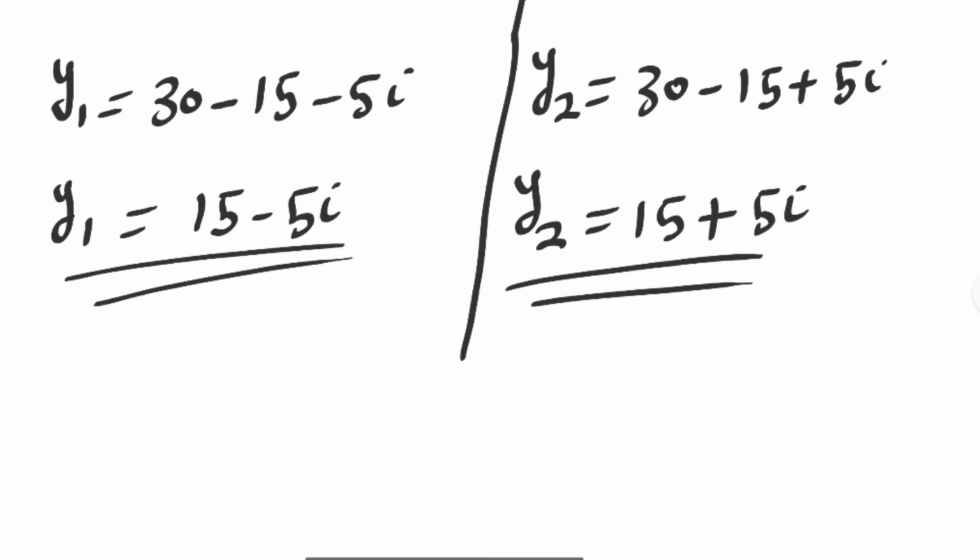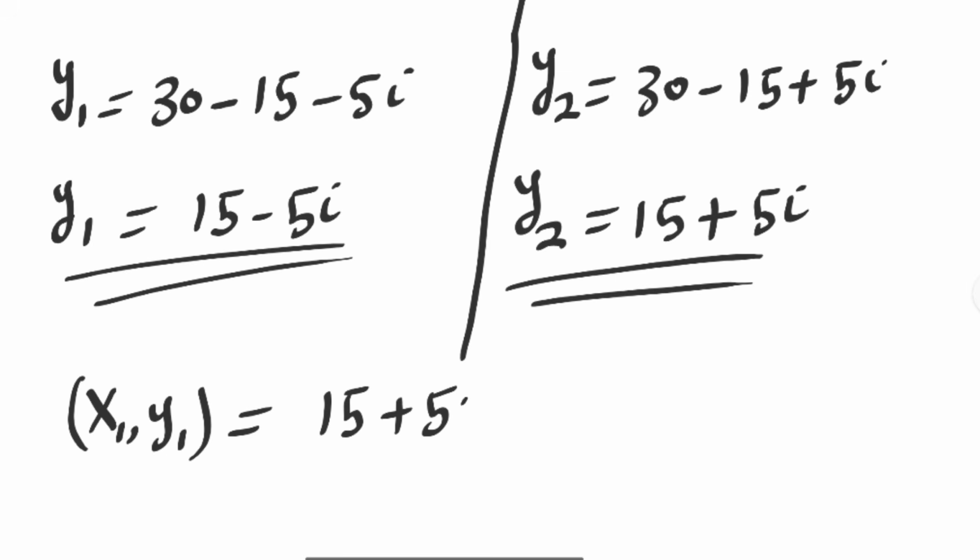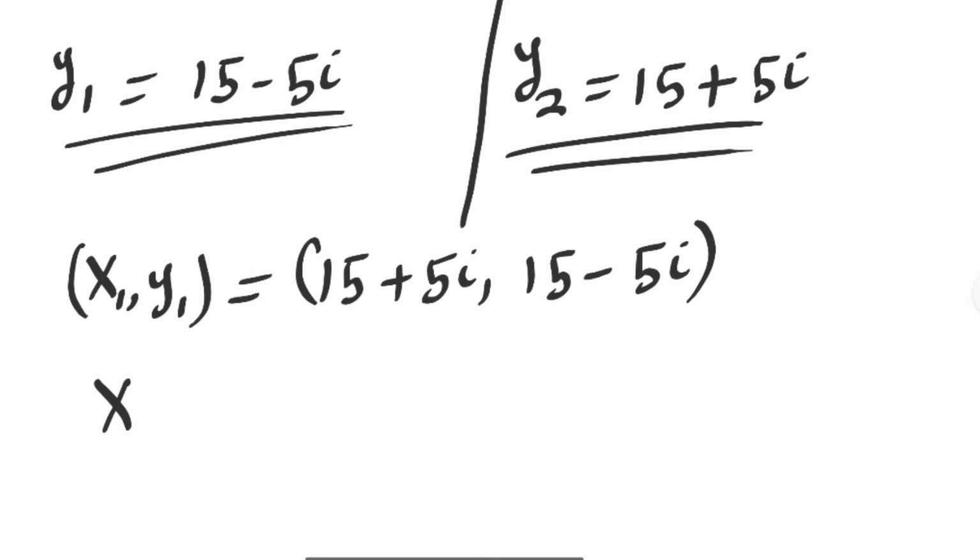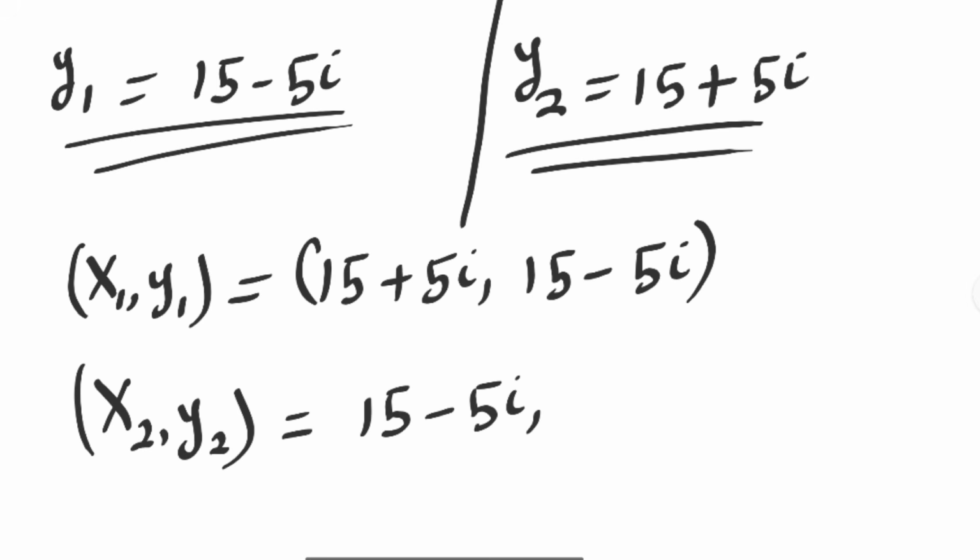Therefore, our final answers are x1, y1 is equal to 15 plus 5i, 15 minus 5i. x2, y2 is equal to 15 minus 5i, 15 plus 5i.